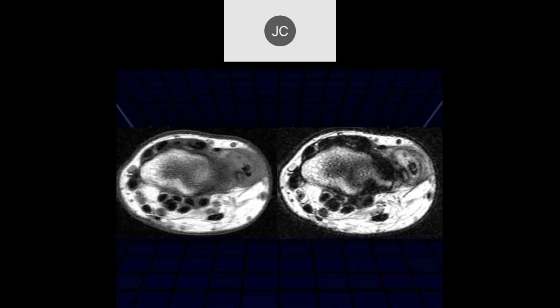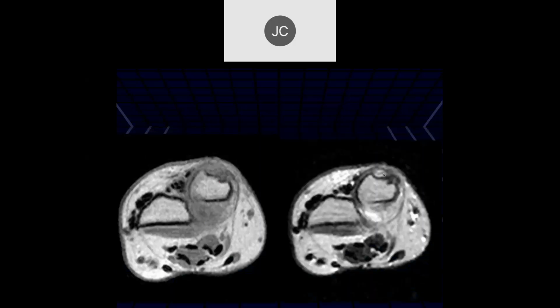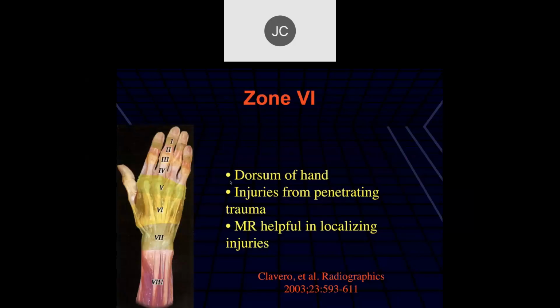Yeah, that's a lot of synovial tissue, a lot of synovial thickening, probably some longitudinal split tearing of the tendon. If we go more distally, we don't really see the tendon well at all at the level of the sixth extensor compartment. And this is a patient who had a complete rupture, and that was all synovitis from rheumatoid arthritis.